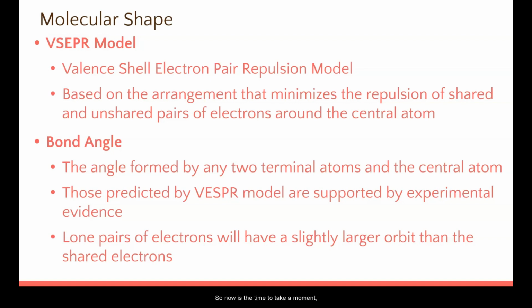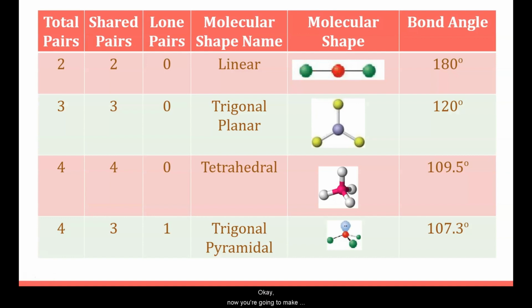So now is the time to take a moment, pause the video, and write down this important information so that when we look at the different information on a chart, you can be ready for that. Okay, now you're going to make your chart, and you can pause the video to make sure that you have enough room.